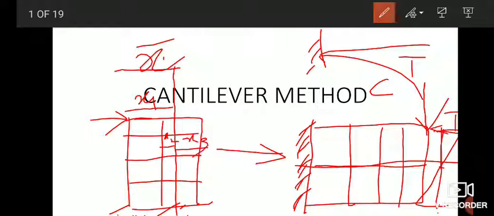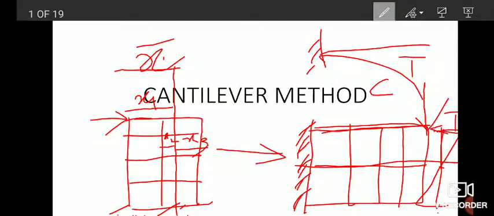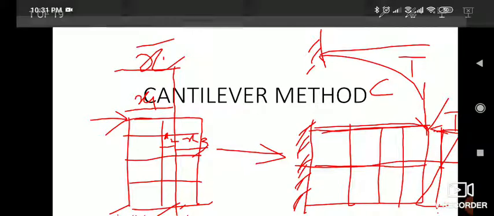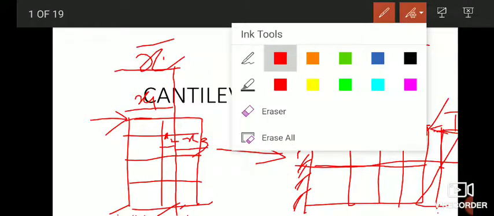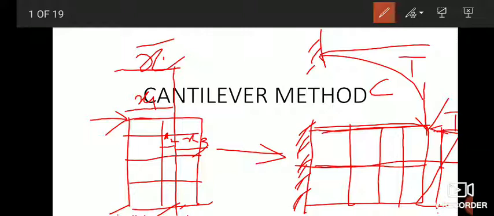In this case, this is the column. I'll use another color. Say this is our column. When you tilt, this was our column and this is our column.